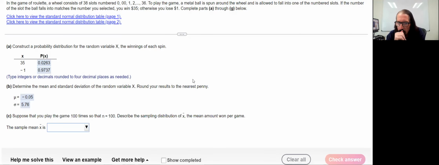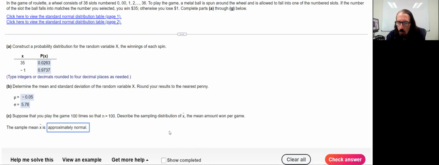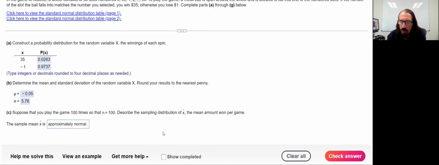Okay. See what else is going on here. Suppose you play the game 100 times so that n equals 100. We should have, because of that large sample size, the sampling distribution of x bar approximately normal, with a mean of negative 0.05.